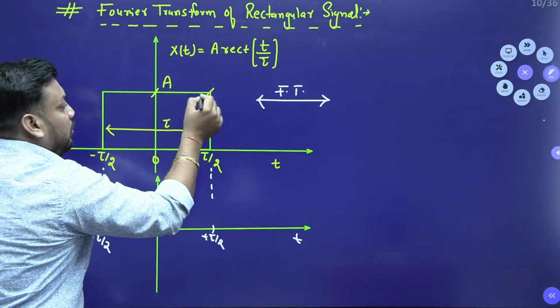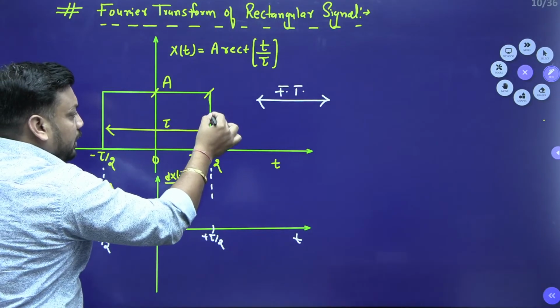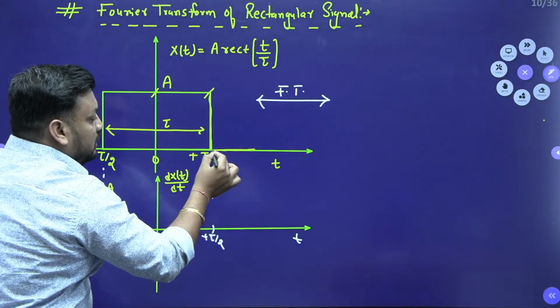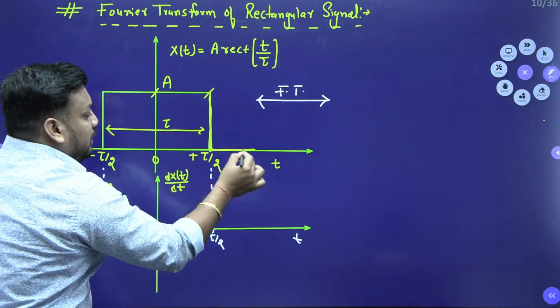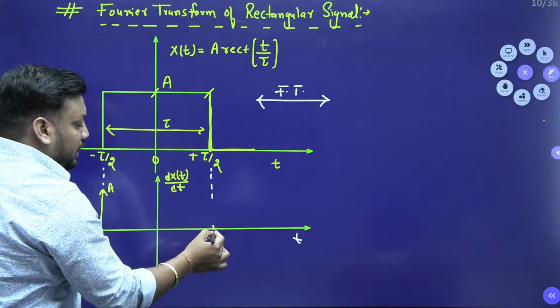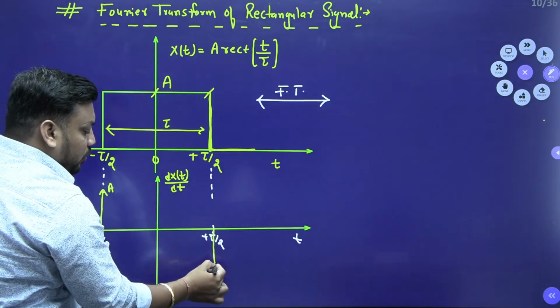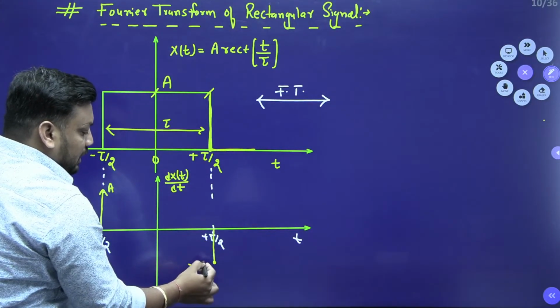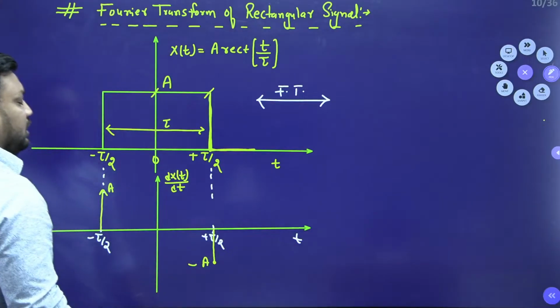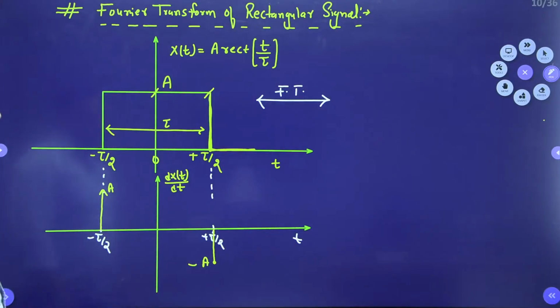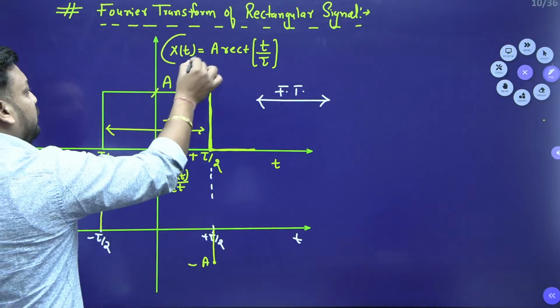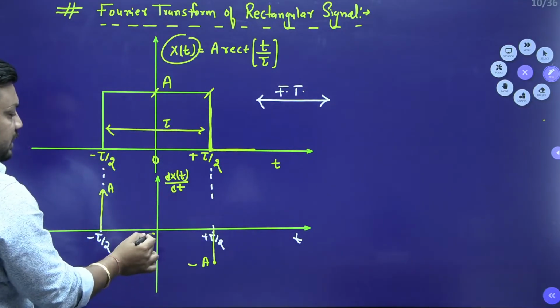Now till here you have already completed. From here to here, when you see a reverse step, you will get the falling impulse, which has the magnitude minus A, which is having the weight minus A. So if this is my x(t) signal, then this is my dx(t)/dt signal.